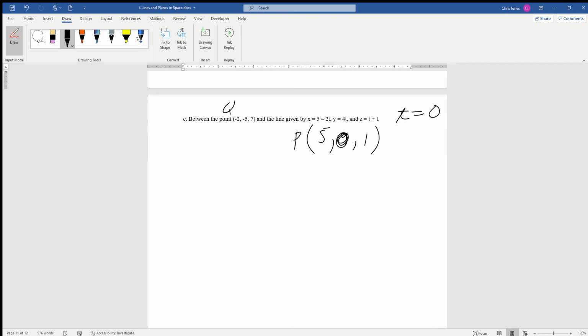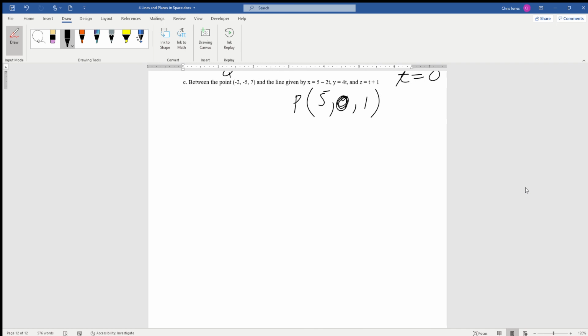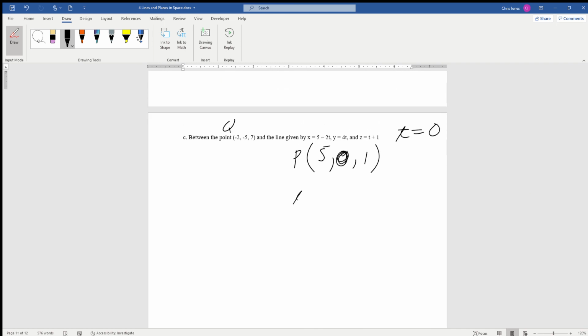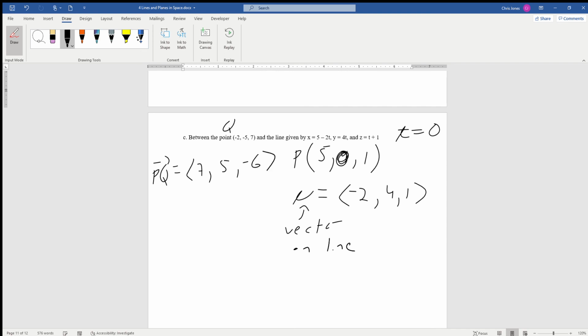So a vector with the direction that we need, the direction numbers, and I think we called it u in the formula. U is going to be equal to the direction numbers, which in this case are -2, 4, and 1. Now vector PQ is going to be defined as 5 minus negative 2, which is 7, 0 minus negative 5, which is 5, 1 minus 7, which is -6.